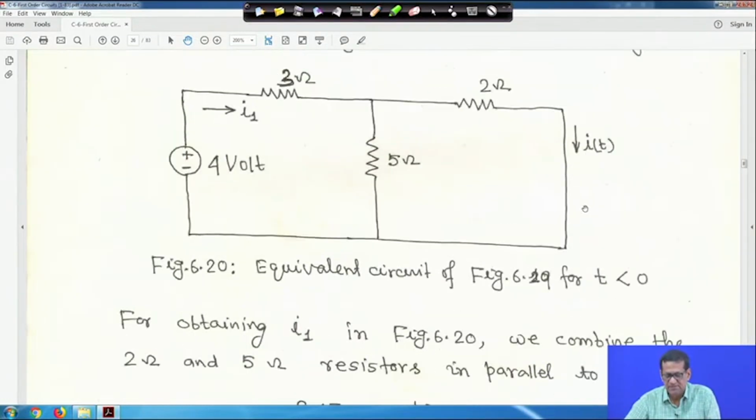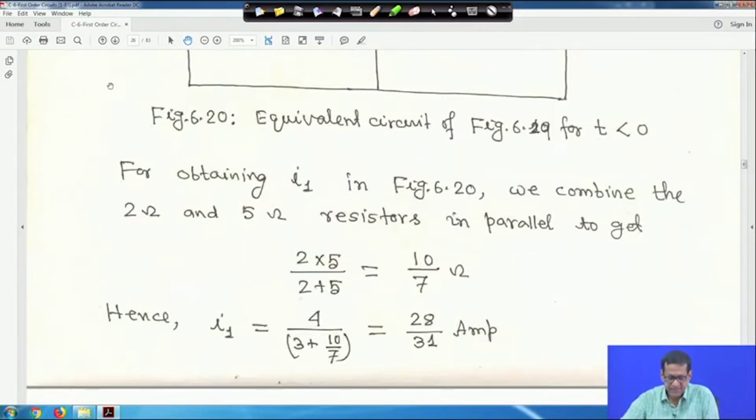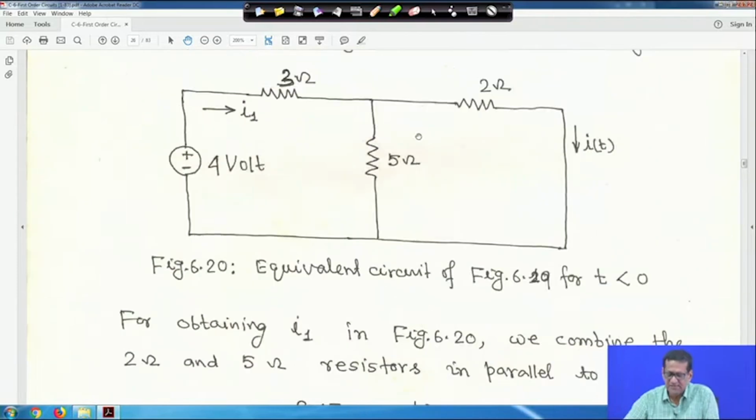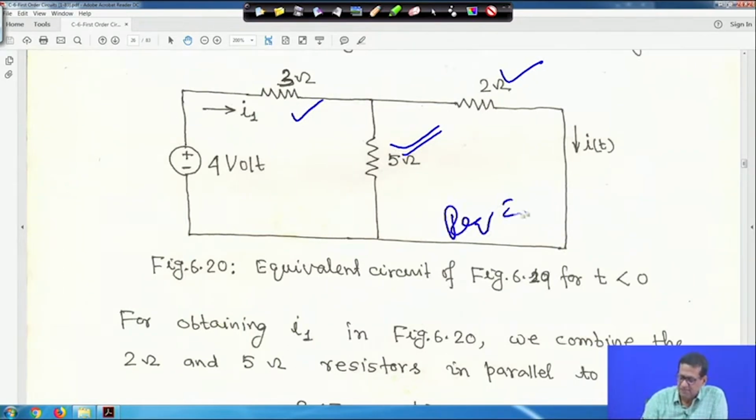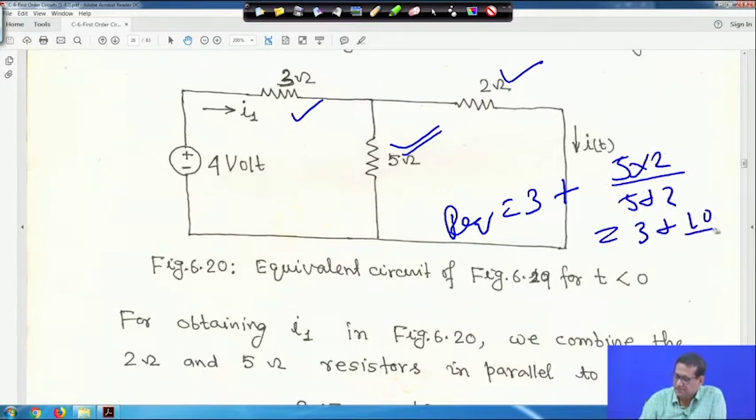Now, for obtaining the current I1, it is a simple DC circuit. This 5 ohm and 2 ohm are in parallel, and with that this 3 ohm is in series. So, R equivalent will be 3 plus 5 into 2 by 5 plus 2, that is 3 plus 10 by 7 ohm.